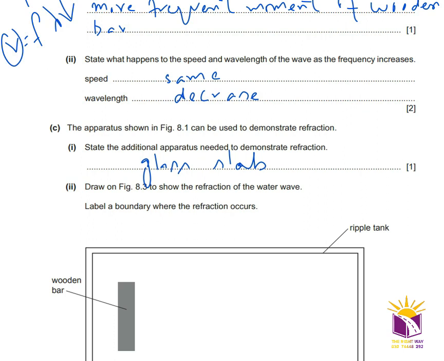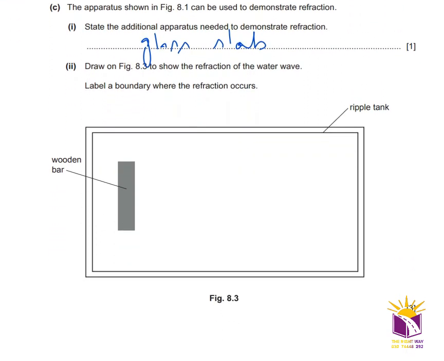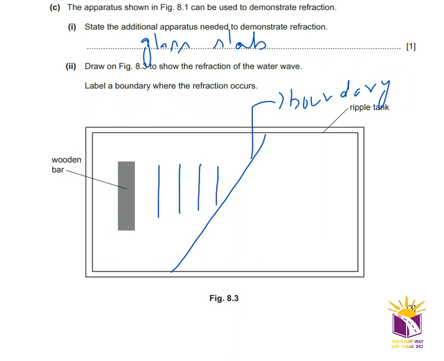Draw on figure 8.3 to show the refraction of the water wave. Label a boundary where the refraction occurs. So I will draw a boundary like this. This is our boundary and we are going to show refraction. So waves are coming, and after striking the boundary, the waves start bending.